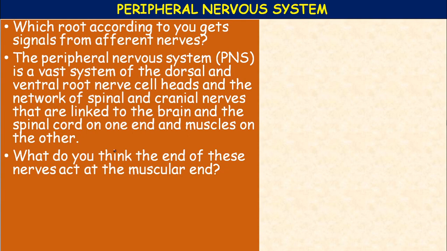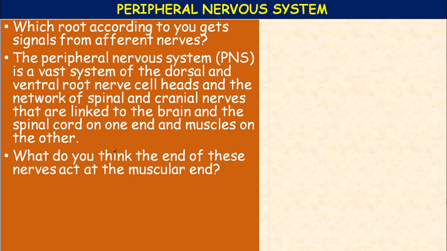So what do you think the end of these nerves act at the muscular end? Here, the peripheral nervous system includes the nerves which carry the impulses to and from the central nervous system. There are two sets of nerves, that is cranial and spinal nerves.